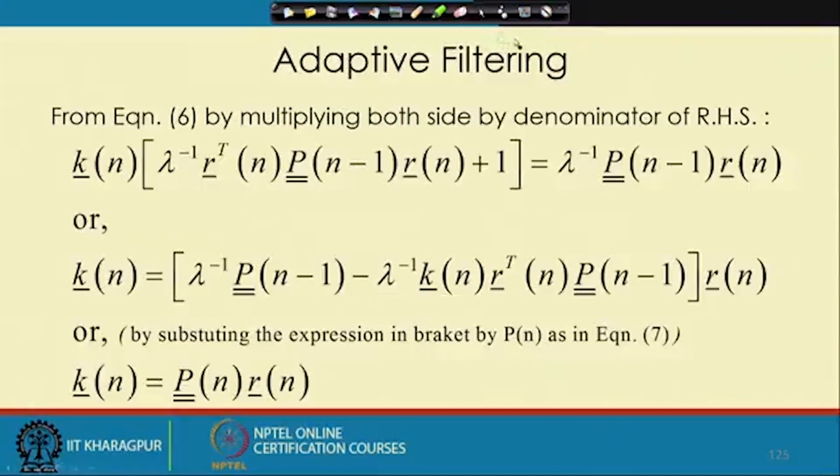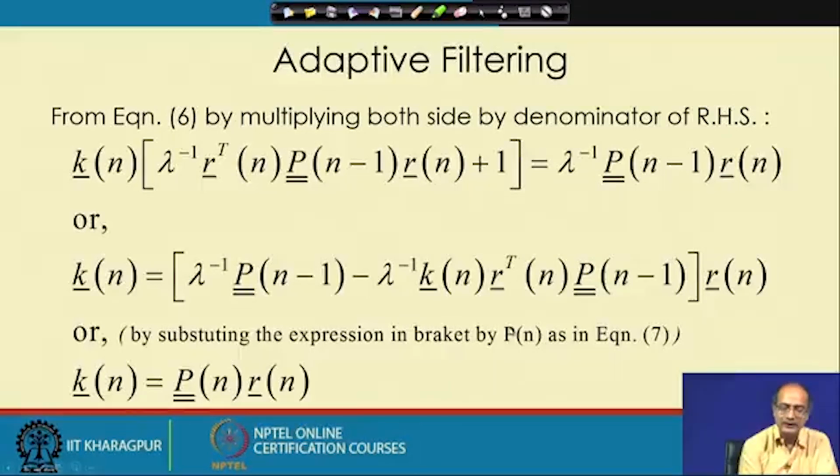So now, by multiplying both sides by the denominator of the right hand side, we simplify this and get a new equation with Kn.